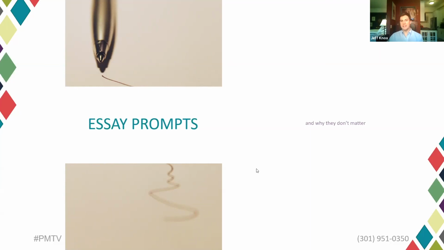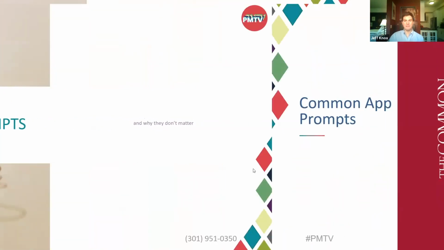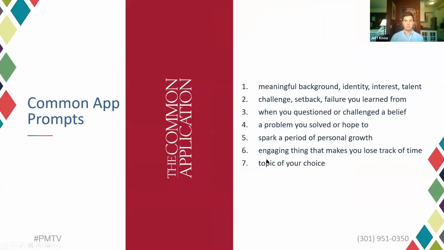And the reason for that is when you look at the prompts available to us by one of the most popular application platforms, the Common Application, which has more than 900 college and university members, meaning that everyone who's listening here today who plans to apply to college will almost certainly use the Common App.